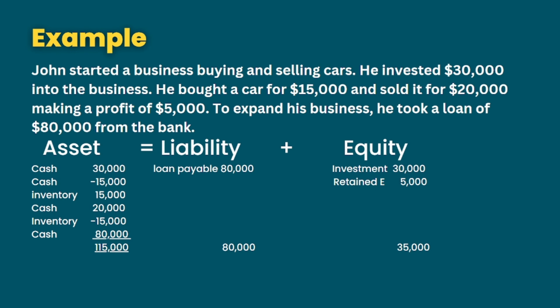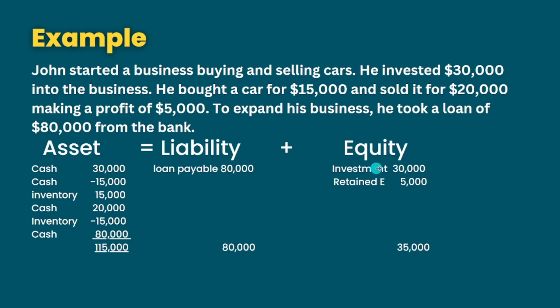So we will have an example to explain the equation and the importance of it always balancing. John started a business buying and selling cars. He invested $30,000 into the business. So note here, he invested 30,000. That means the capital was injected into the business. So we can see it here that it will be at the equity side.